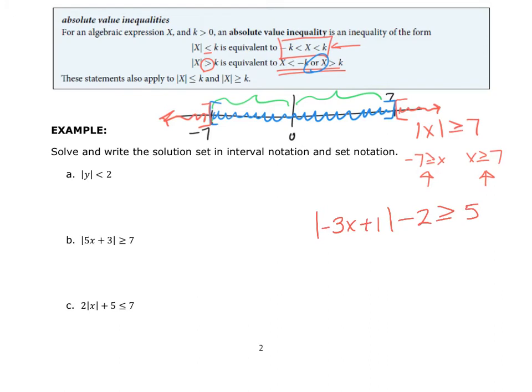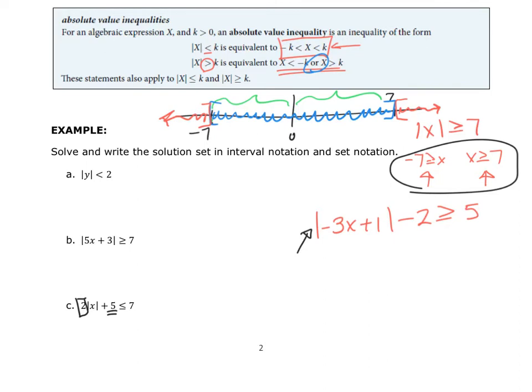Then the first thing I have to do is I need to isolate my absolute value. I can't do what I did here until I've got my absolute value isolated. So if I have any number in front of it, I do need to get rid of the number in front of it after, of course, I have moved that 5. In this example that I'm going to be doing, I don't have to worry about this number in front because there isn't one.